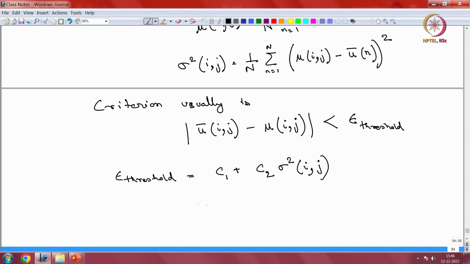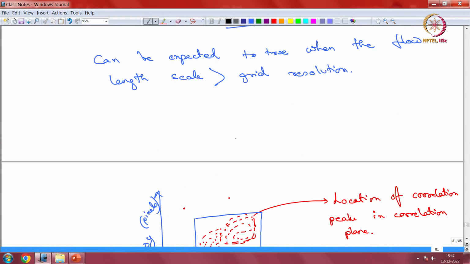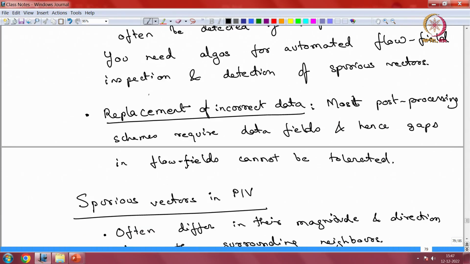So once you implement this kind of error detection method to catch spurious vectors, you can remove spurious vectors from your system, and you will be able to get a corrected velocity field. Then finally, what you usually have to do is replace them. Replacing is still easier.